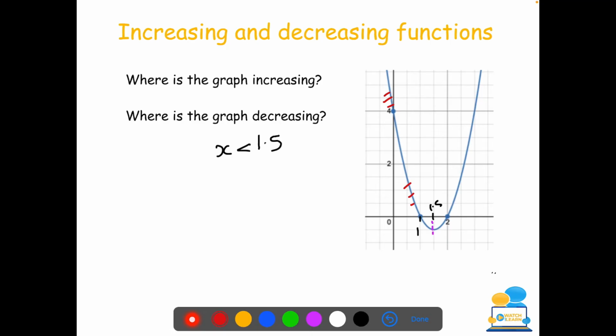As we said, the y values are going down whenever the x value is lower than 1.5. If we go from 1.5 onwards, our y values are increasing. So my graph is increasing when x is greater than 1.5.